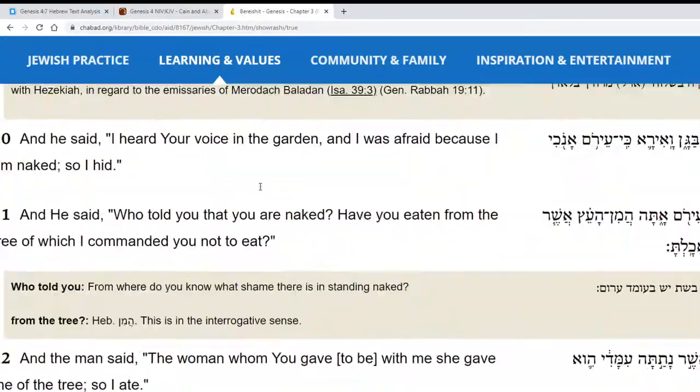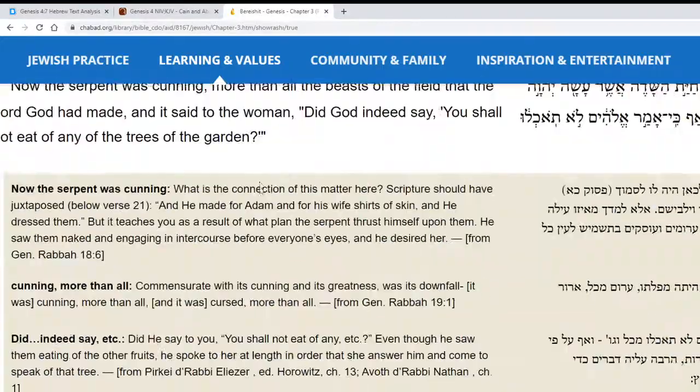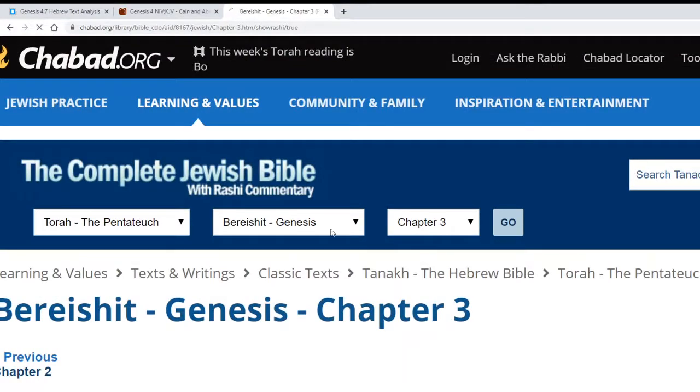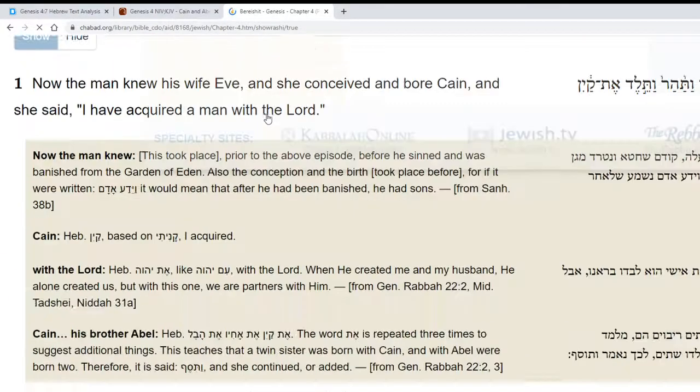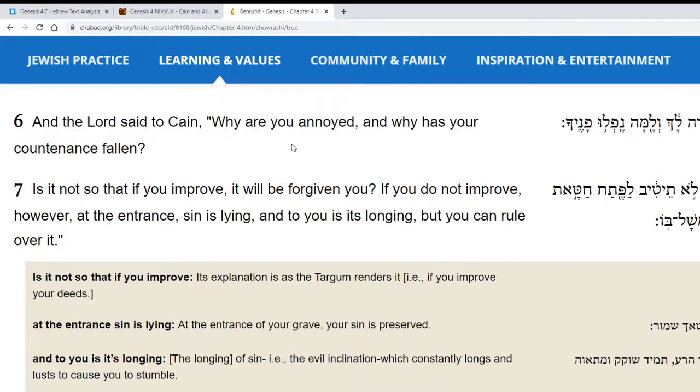Let's go back to chapter 4 on Chabad's website, verse 7. Is it not so that if you improve, yeah, I like improve much better here, it will be forgiven you. So they're translating set as linso avon.